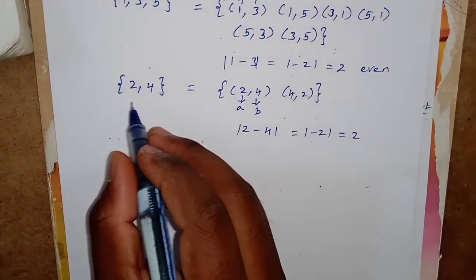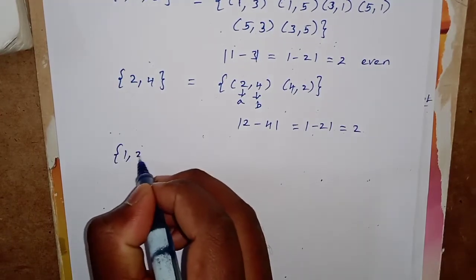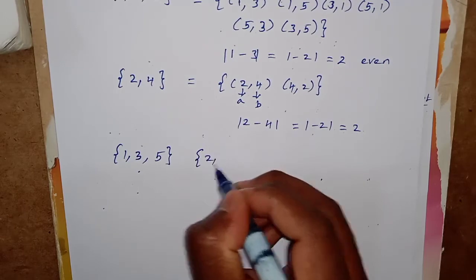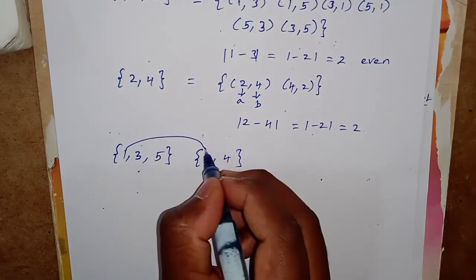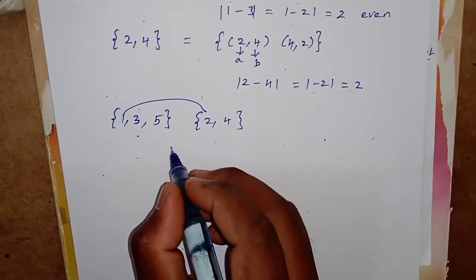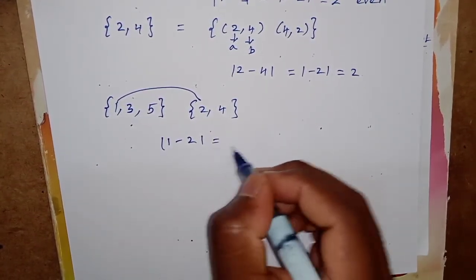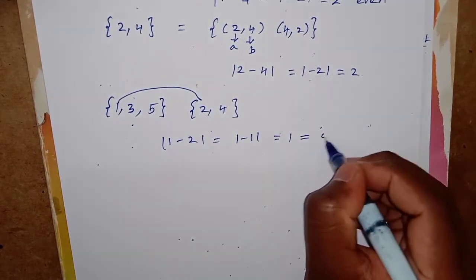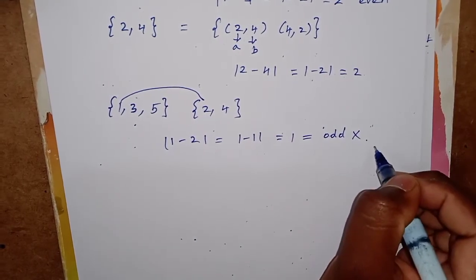Here also it is satisfying. Now, no element of {1, 3, 5} is related to any element of {2, 4}. Therefore see here 1 minus 2, subtract, minus 1. Plus 1 is an odd number. Here it is not satisfying.